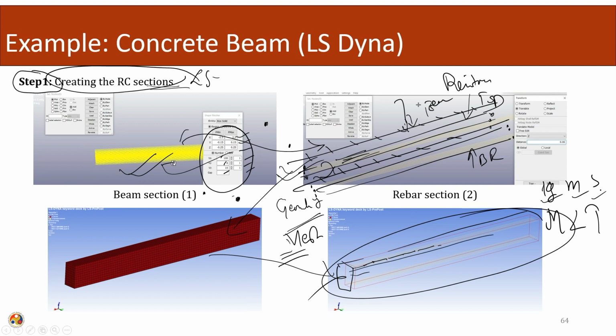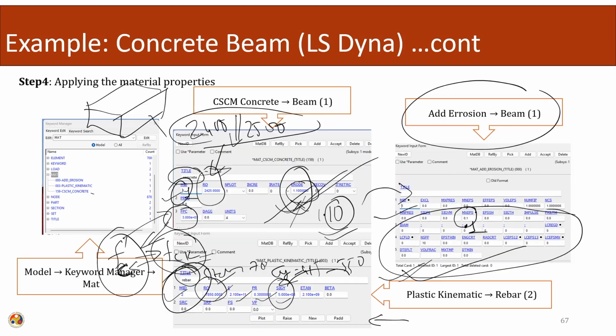After that, whatever values I put, let us say density, will be in kg per cubic meter, so it will take values in these base units. Remember we put the density as 2450, which means my base units are kg, meter and seconds.